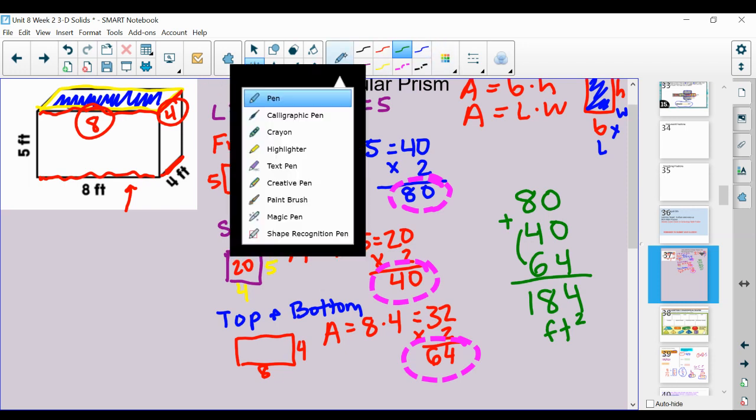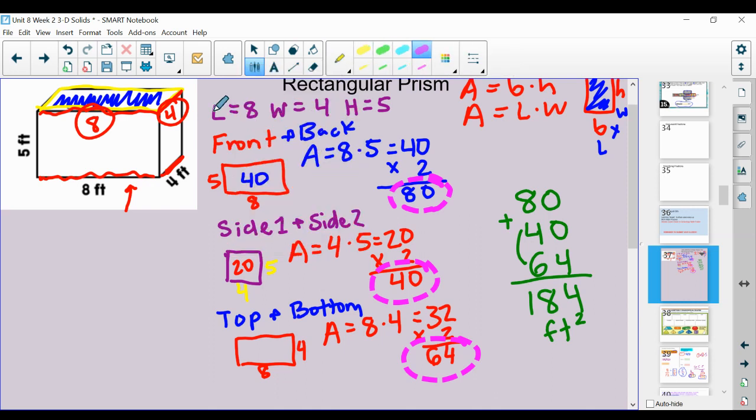Okay, now the other thing I want you to notice, see these right here. I'm going to highlight these. See our length, our width, and our height. So right here, we multiplied our length times our height. Right here, we multiplied our width times our height. And right down here, we multiplied our length times our width.